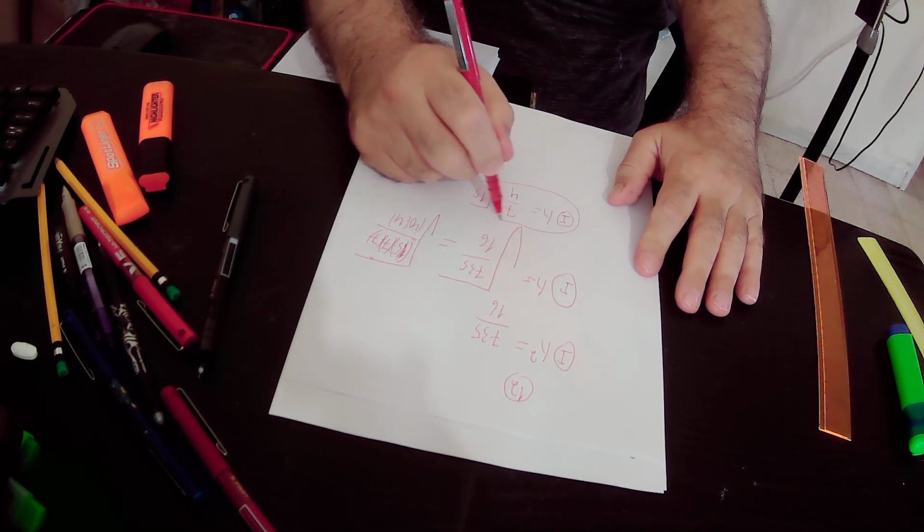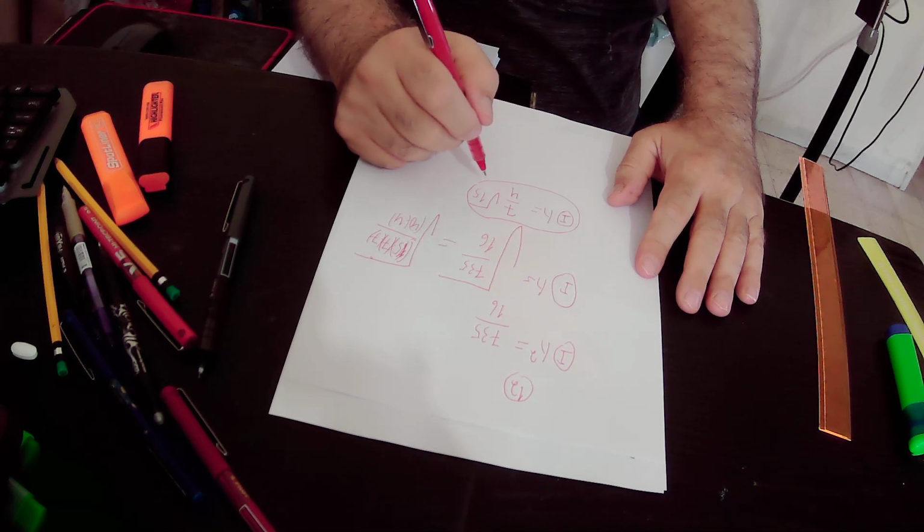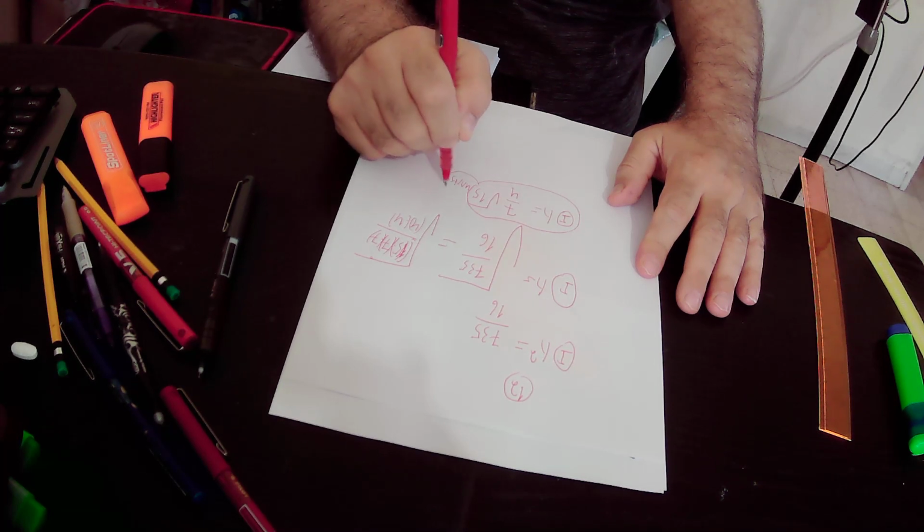So actually we found out that the height of triangle ABC is 7 over 4 times root 15 units.